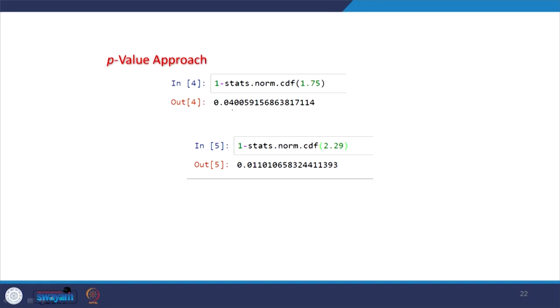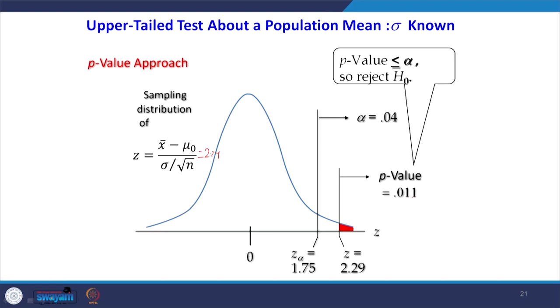This is only for testing, how to go from the z value to the probability value. So the z value is 2.29 and we want to know the right side area, so 1 minus the corresponding area gives the right side area, that is 0.0111.